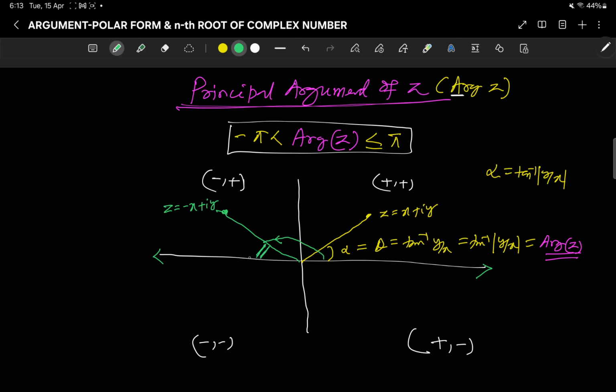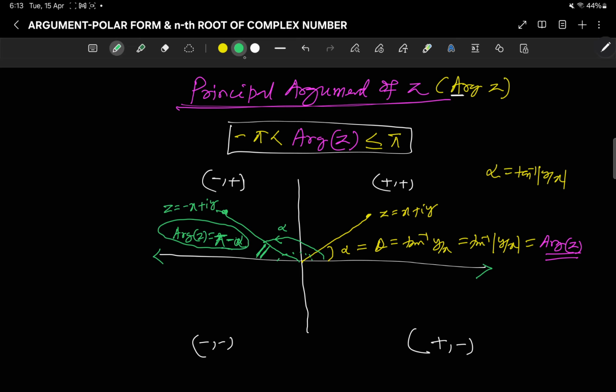The complete rotation up to the negative x-axis is pi, so if I say this is alpha, I can write Arg z is pi minus alpha.